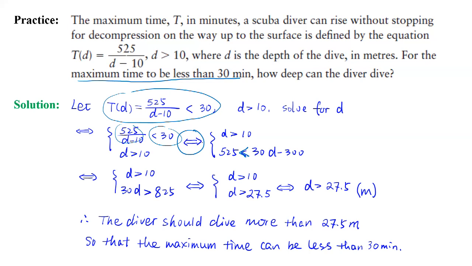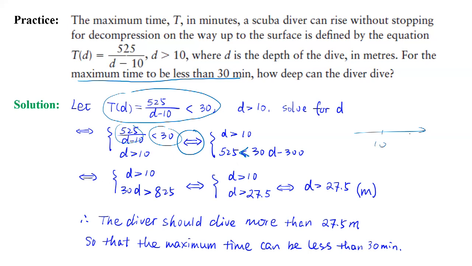This is equivalent to d is greater than 10 and 525 is less than 30d minus 300. And then it's equivalent to d is greater than 10 and 30d is more than 825. If we simplify this, d is greater than 10 and d is greater than 27.5.